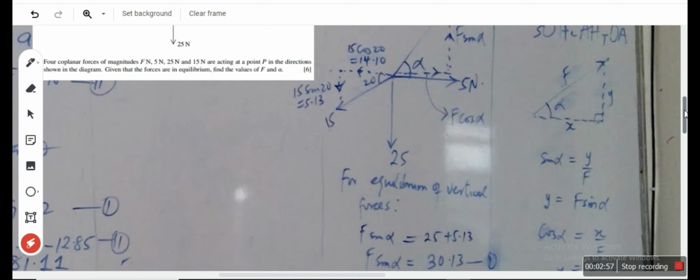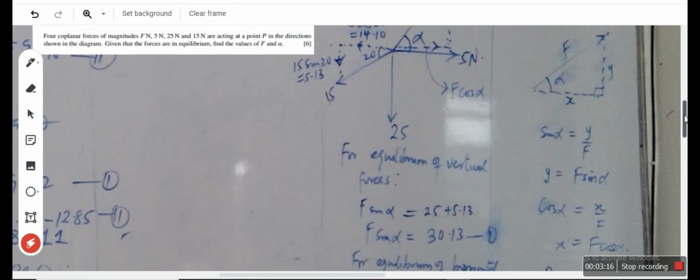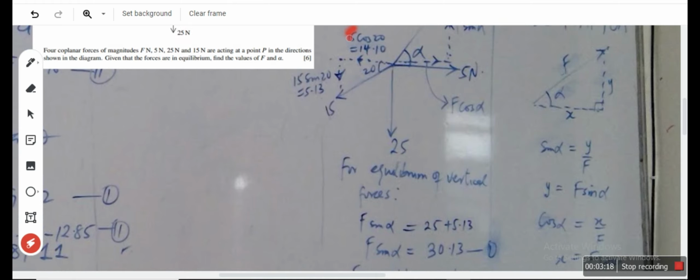Also, for equilibrium of horizontal forces, we have these all acting to the right. This one is F cos alpha and 5 Newton acting to the right. The only force acting to the left is the 14.10, which is 15 cos 20.